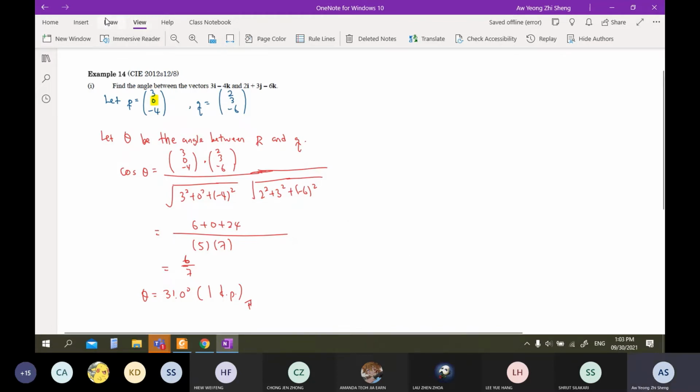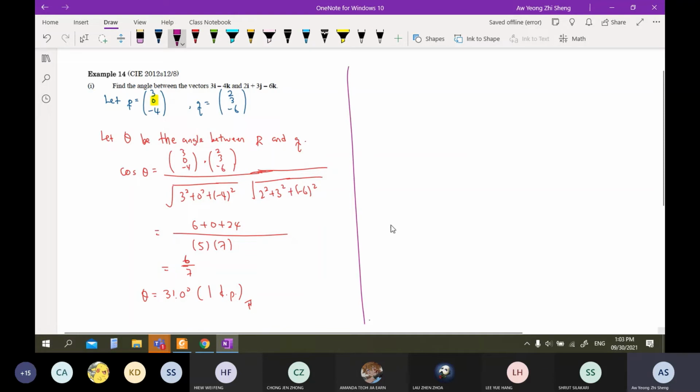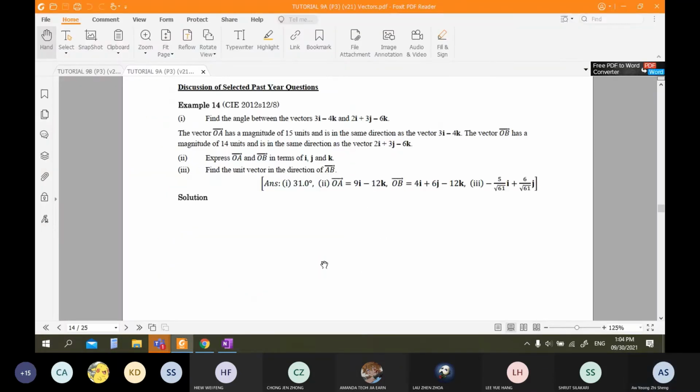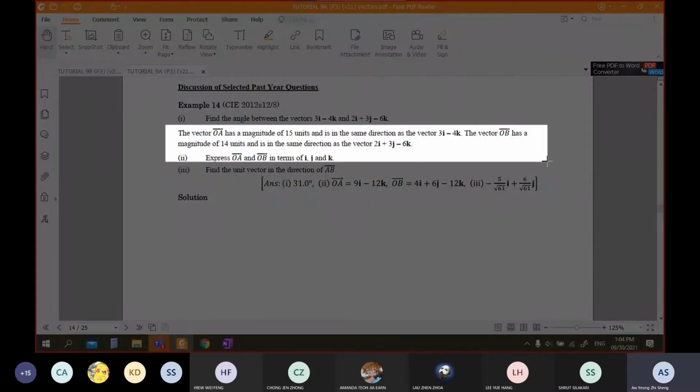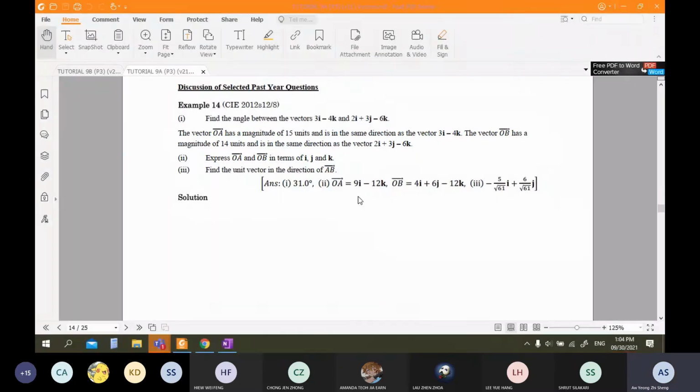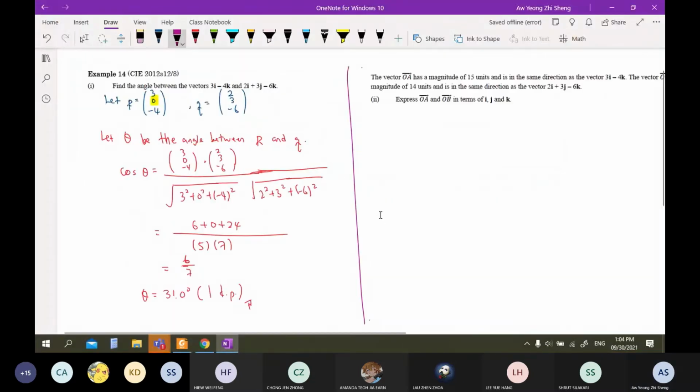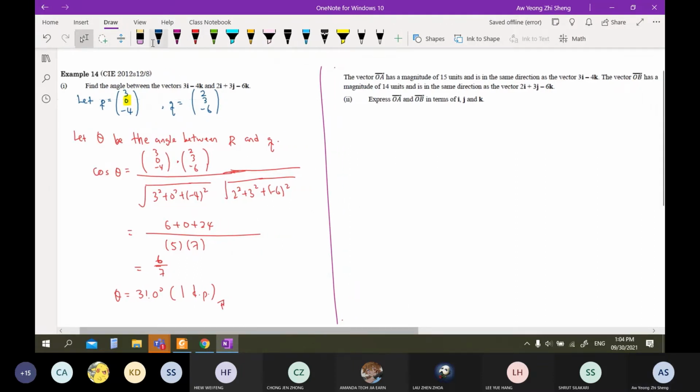Okay, next. Okay, for part 2, I'm going to write on the right hand side of your screen. The vector OA has magnitude, which means length. Vector OA has length of 15 and is in the same direction as the vector 3i minus 4k.